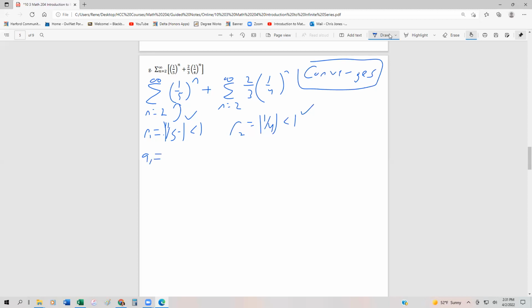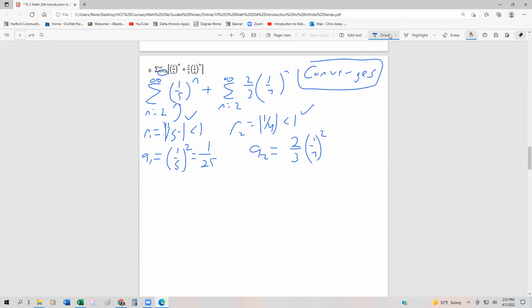Now, a1 is going to be found when n equals 2. So that's going to be 1/5 squared, which is 1/25. And then I'm going to call this a sub 2. That's going to be 2/3 times 1/4 squared.